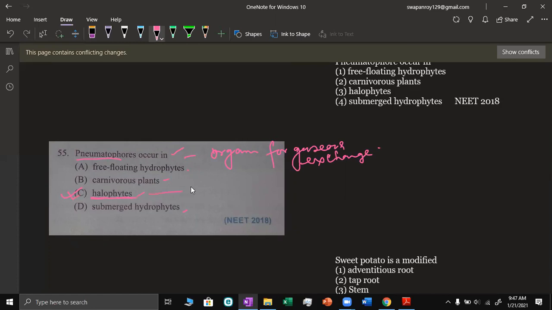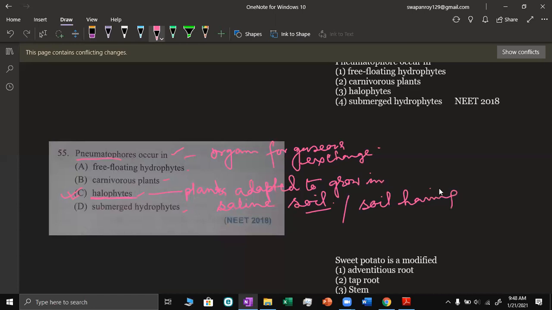Halophytes are plants adapted to grow in saline soil having a high concentration of salt.